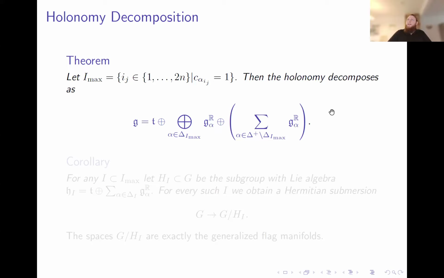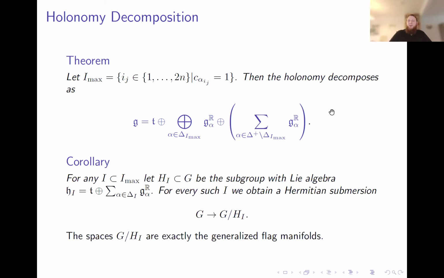We want to apply the closed torsion submersion theorem, and it turns out we can do just that. So suppose you have any set of simple roots inside this Imax, so their coefficients are 1 and they split off.